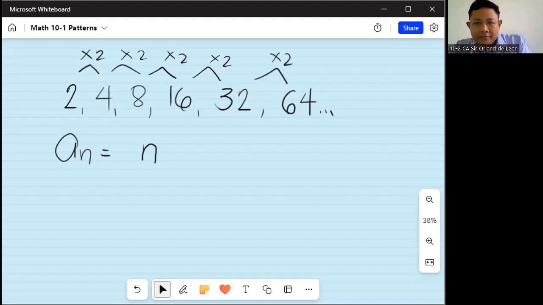Ang tawag dito, common ratio. We will discuss this on our next module sa geometric sequence. But for now, let's have it as the times 2 pattern muna. What do you think will be our process here? Where can we use this pattern, which is 2?